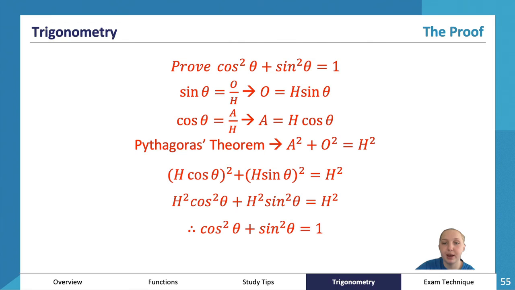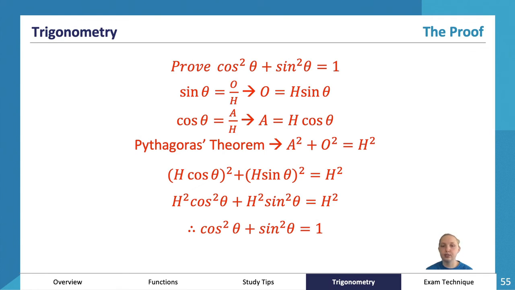If we then use Pythagoras, adjacent squared plus opposite squared equals hypotenuse squared, we'll get h cos theta squared plus h sine theta squared equals h squared, which you end up with h squared times cos squared theta plus h squared times sine squared theta equals h squared.